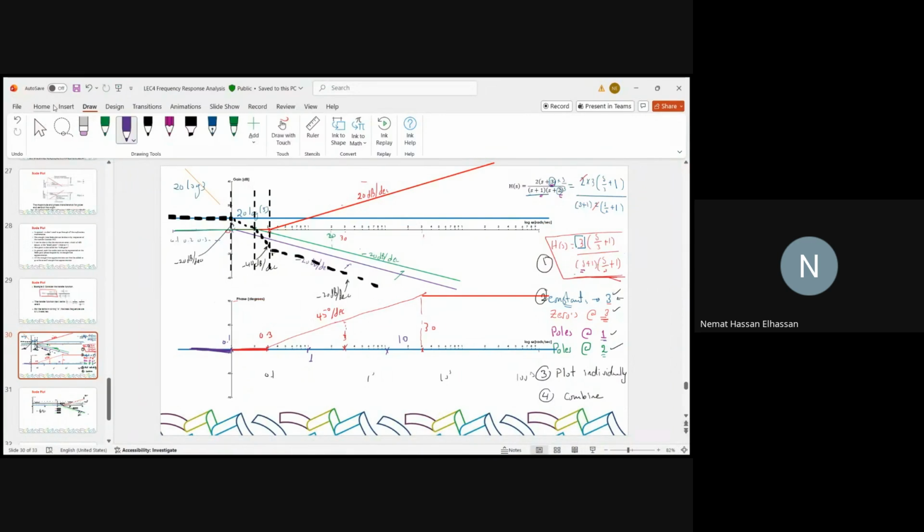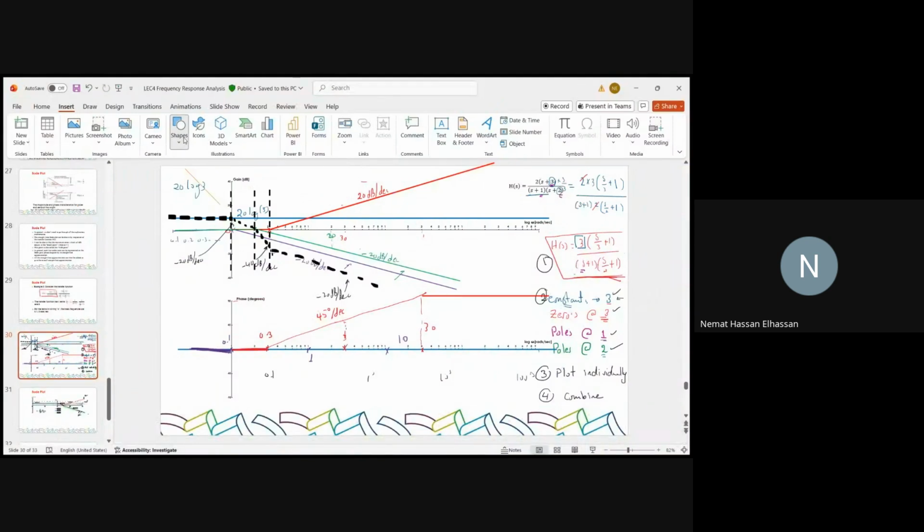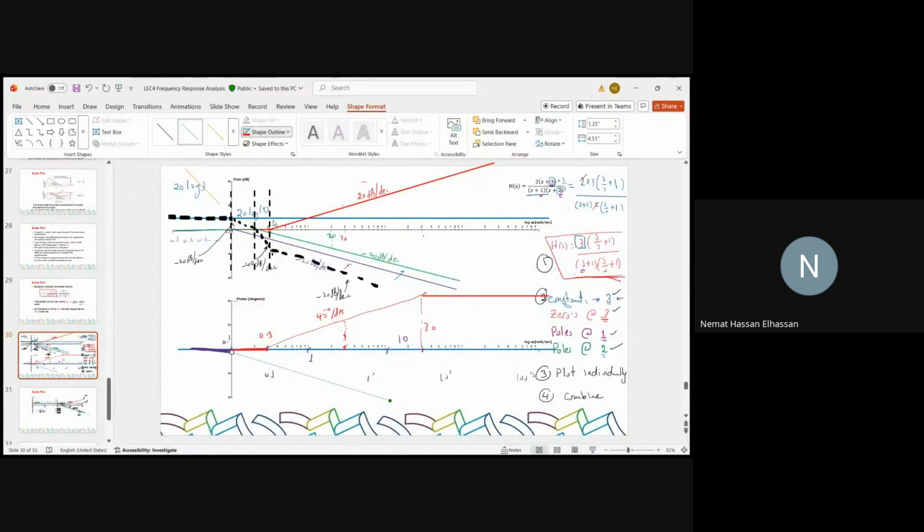Between 0.1 and 10 is going to be a steady decrease. Just to make it easier to follow, we always assume that whatever is in the denominator is decreasing, whatever is in the numerator is increasing. And then we'll have here a straight line.